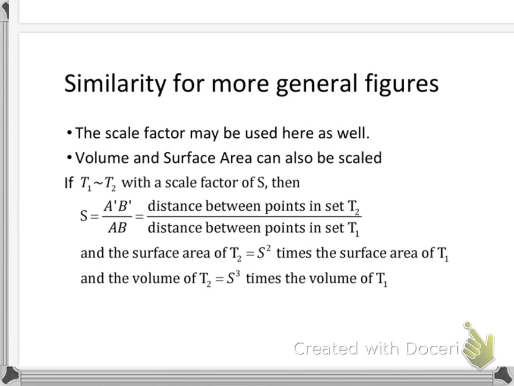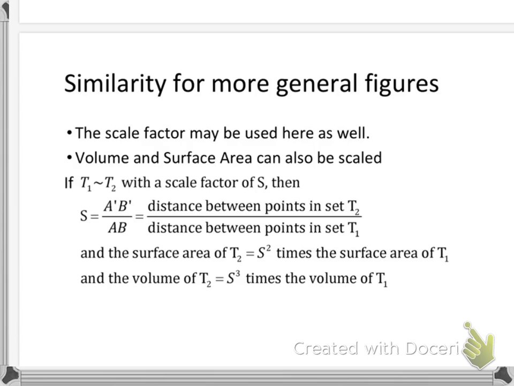If you know that figure T1 is similar to figure T2, and the scale factor is S, then you know that the distance between the points in this particular set is always going to have that scale difference. The surface area from T1 to T2 is not going to be in the scale factor.